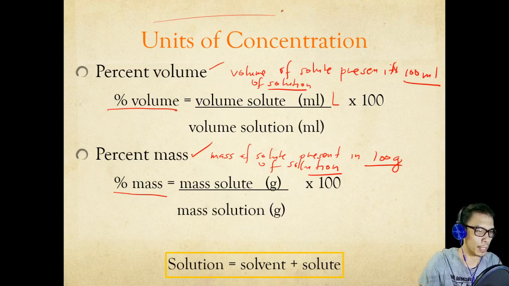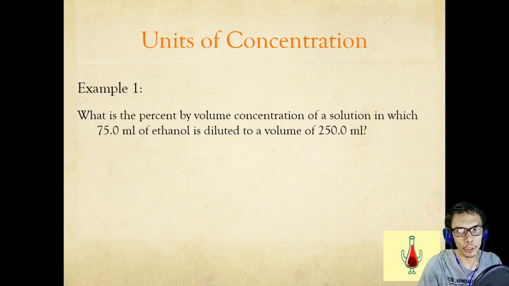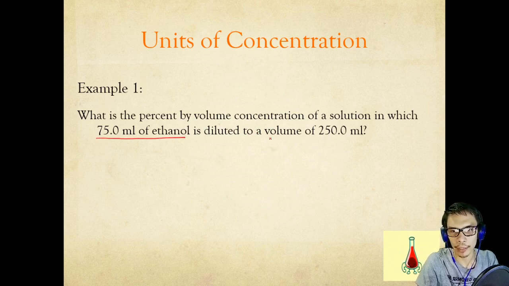Let's put these formulas to good use. Let's have a sample problem. If you analyze it, you will be able to see that there are two entities that we have right here. Number one, we have the ethanol, and the other one is this 250 ml. What is this 250 ml?